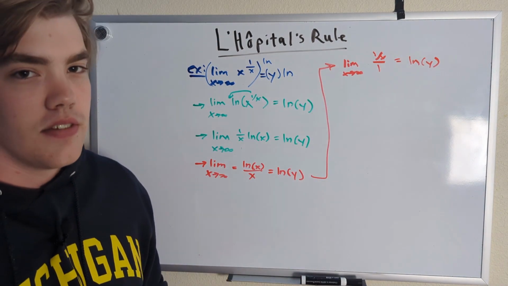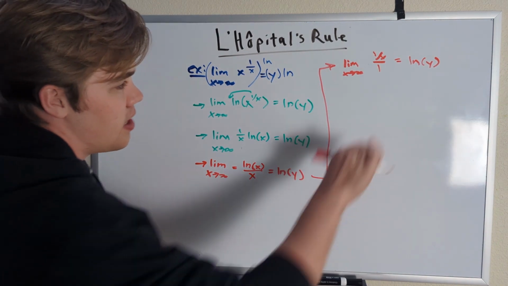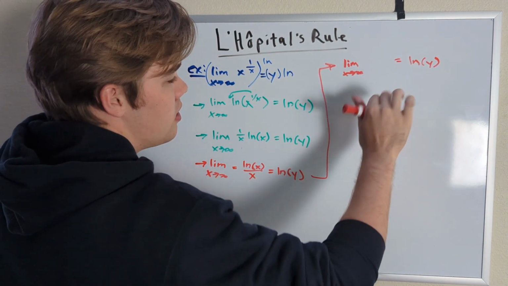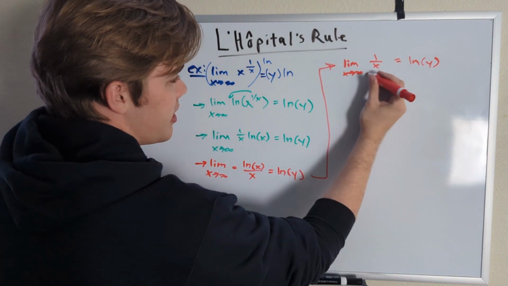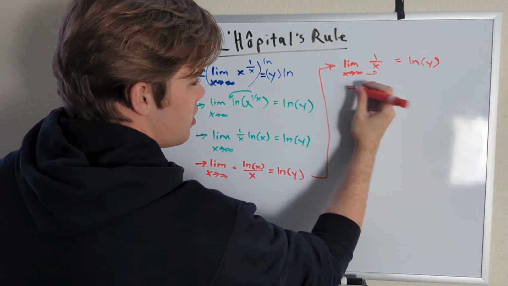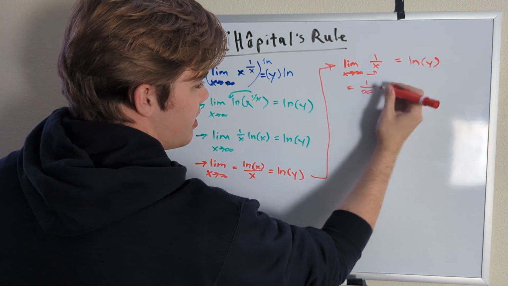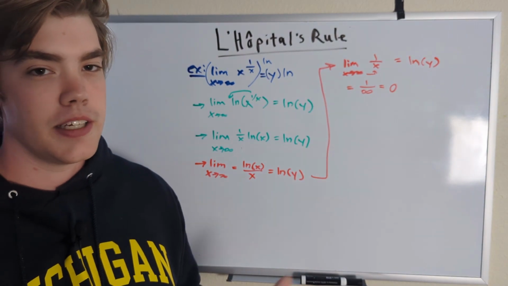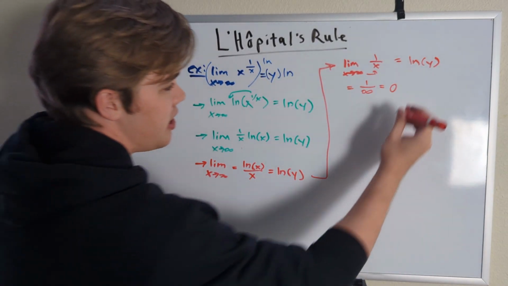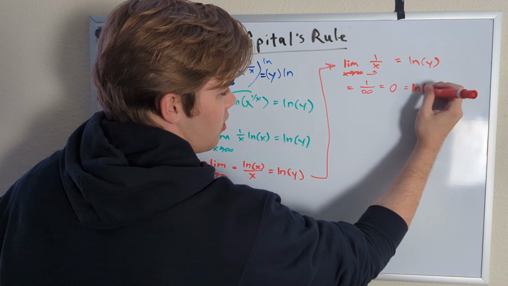Now, 1 divided by x divided by 1 is still just 1 divided by x. If we plug in infinity here, which we can do now, we would get 1 divided by infinity, which is equal to 0. And this is still equal to the natural log of y.